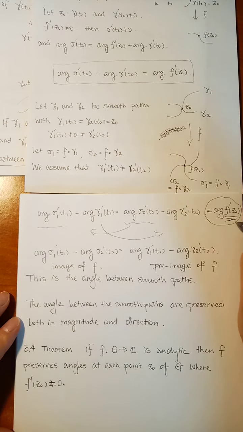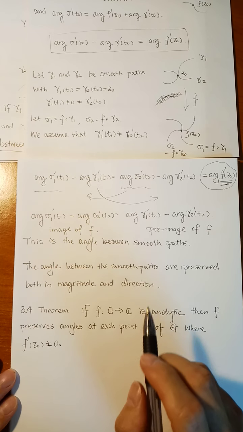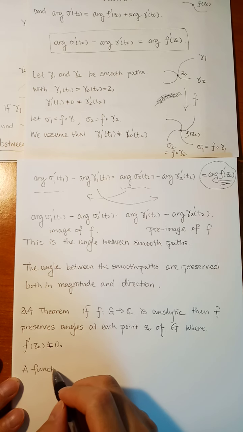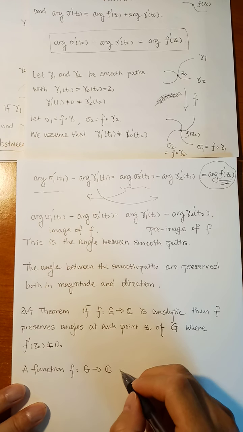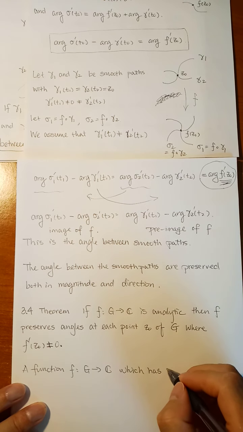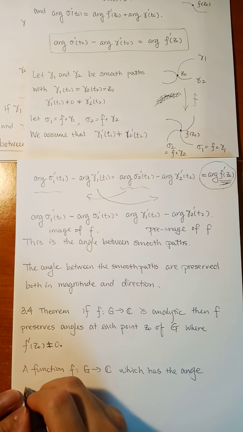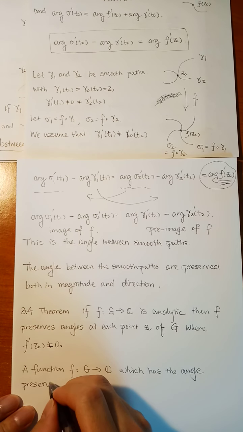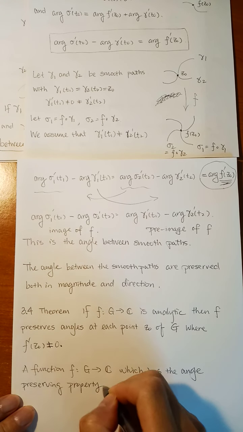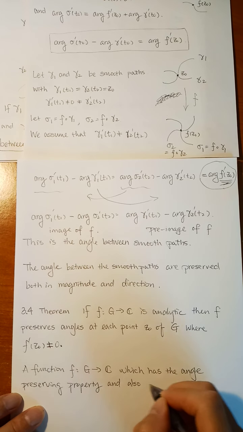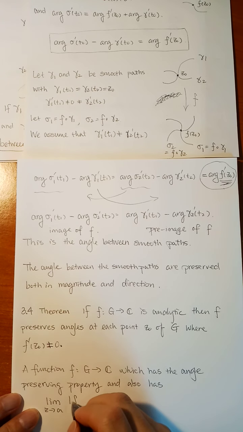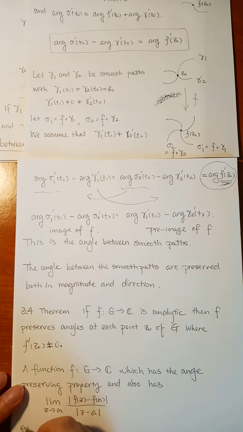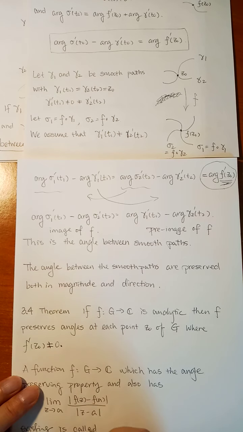Okay? So this is a geometric property. So we will see that a function f from G to C which has the angle-preserving property, you have to preserve the angle, and also has the limit, as z approaches a, of the absolute value of f(z) minus f(a) over the absolute value of z minus a existing, is called a conformal map.